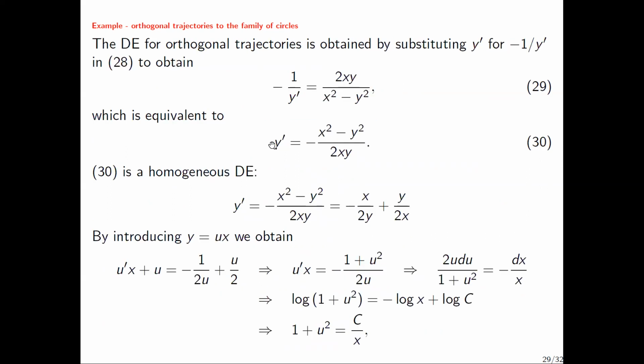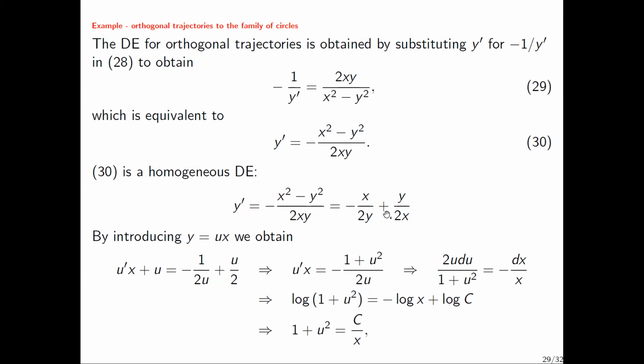Because when we express y prime out of this initial family by this algorithm, what we get is y prime is minus x squared minus y squared over 2xy. And we see that this can be rewritten as minus x over 2y plus y over 2x.